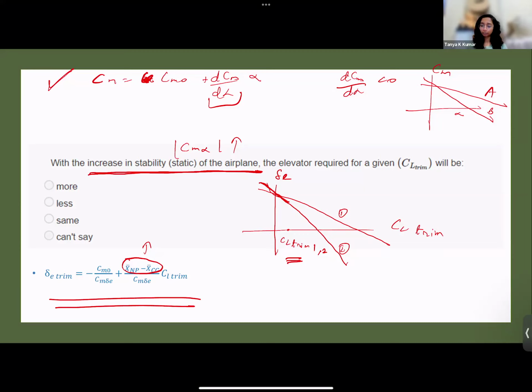Just leave this for now. Let's look at this. Case 1, case 2 for the same aircraft. When I increase the stability, will the delta E required be more or less? Delta E required is on this axis, okay, on the Y axis.